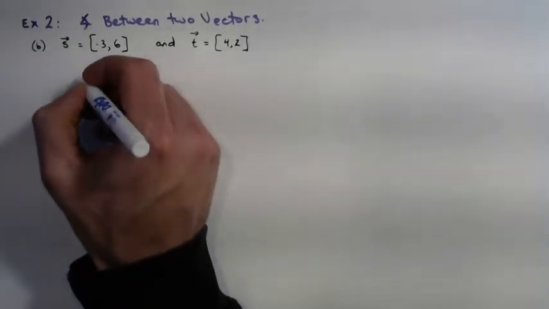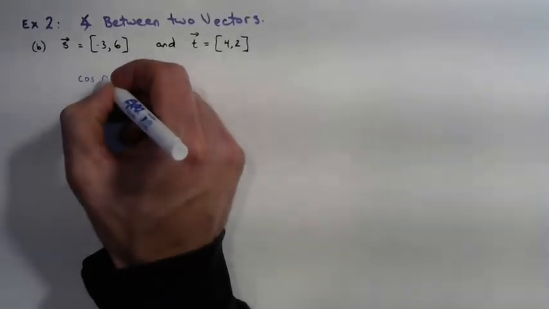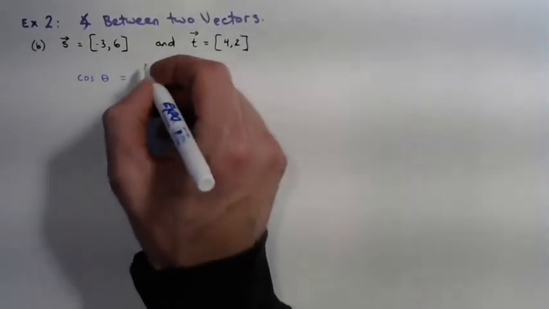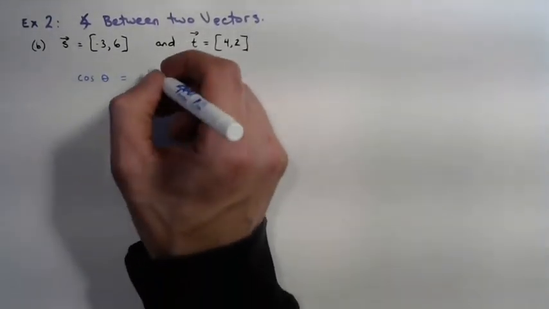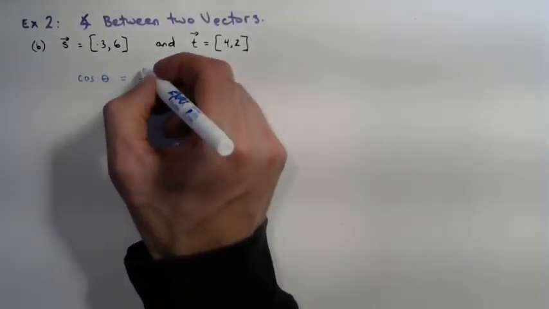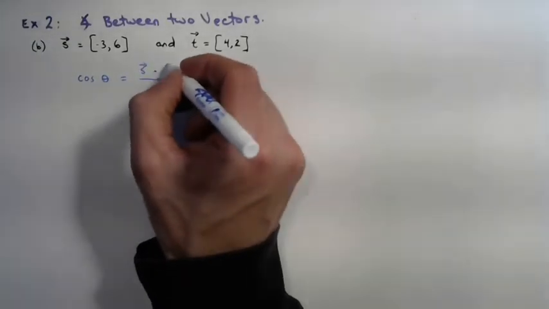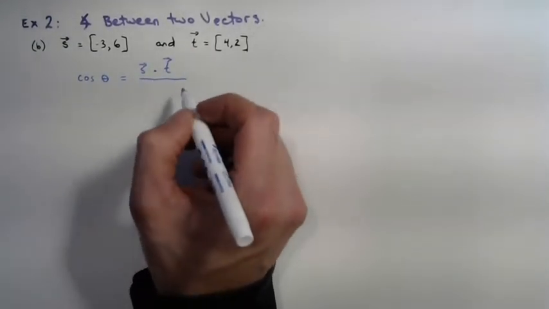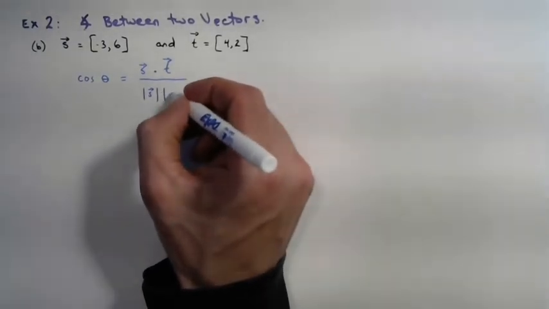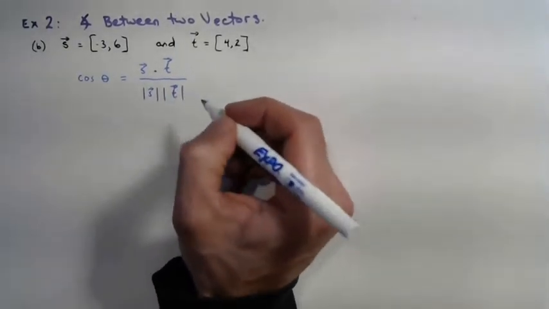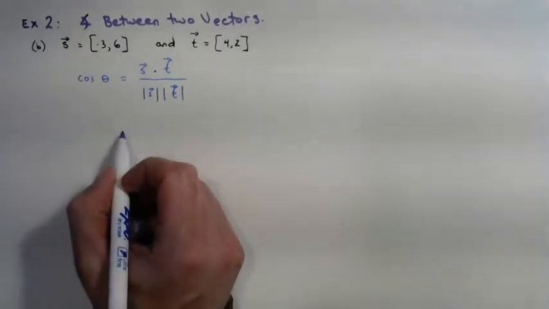This time I can skip ahead to what I established in A, that the cosine of theta is going to be the quotient of the dot product ST over the product of the magnitude of S and T. And again, sub in what I know.